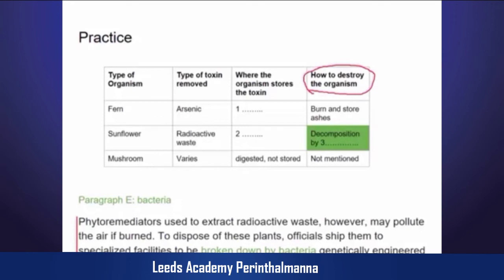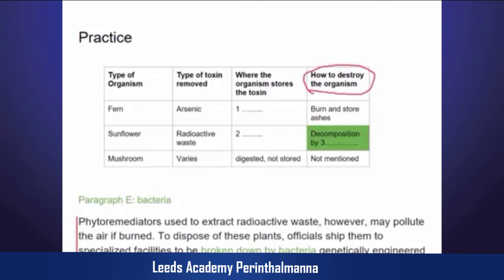To be broken down is a paraphrase of the idea of decompose, okay, decomposition. And so the word we need to fill in to get this answer correct is bacteria. Again, this part of paragraph E discusses how sunflowers are destroyed, and it says specifically that they are decomposed with the use of specialized bacteria. Okay, they've been genetically engineered in order to break down sunflowers in this way.